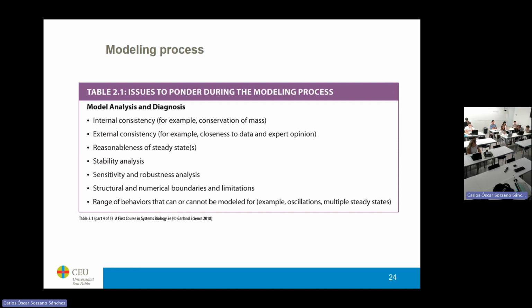Molecules don't disappear, or the mass doesn't disappear. So the total mass of the system has to be kept constant. In these differential equations, you might deviate because of your approximation, and the mass may grow or may decrease. An external consistency, for instance, should be close to the data and to the expert opinion.